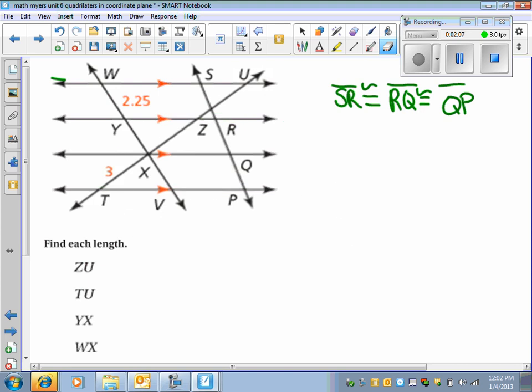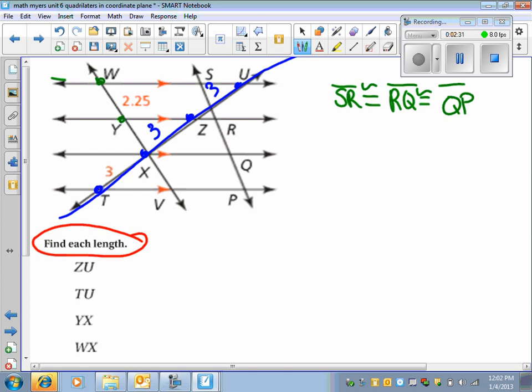So let's take a look at this transversal right here. If I know from here to here is 3, then from here to here is also 3, and from here to here is also 3, because all of those parts are on that transversal. Now we haven't even looked at the question first. Well, we're analyzing our diagram, because we are thinkers, we are problem solvers.